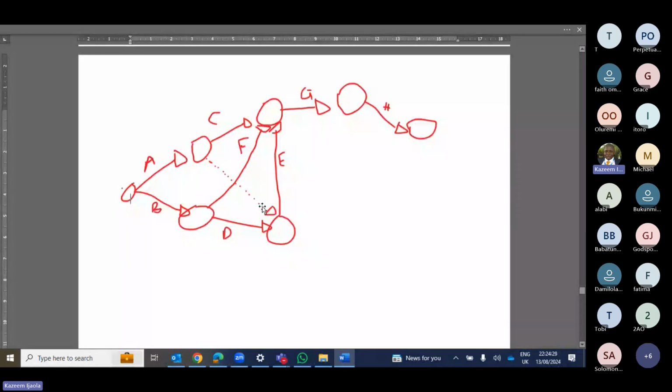I think they've been able to prove this beyond reasonable doubt now. Michael and Gospower, can you unmute and hear me, please? What we wanted to achieve here was to connect A and D together.